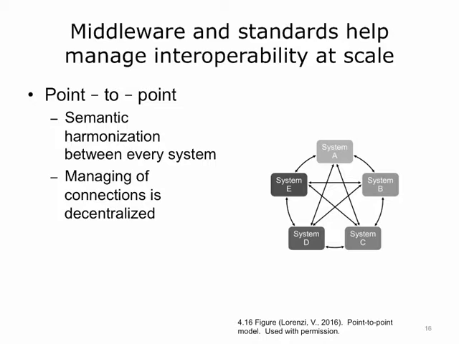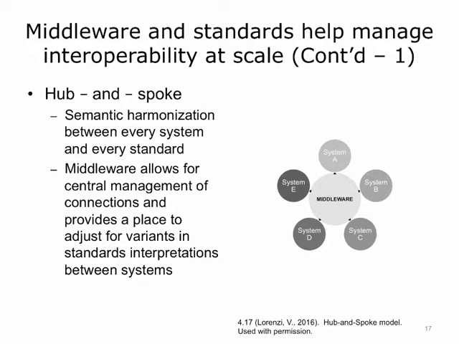In a point-to-point model, in addition to needing semantic harmonization between every system, the managing of connections is very decentralized as well. When all of these different systems need to be connected, you need to have every system understand a lot about interoperability, and there is no central management system. With middleware, the connections are more centrally managed in more of a hub-and-spoke type model.